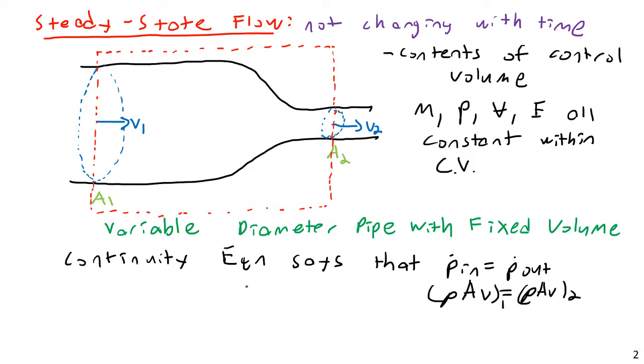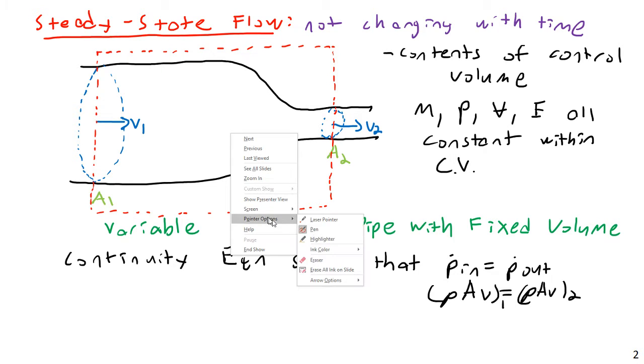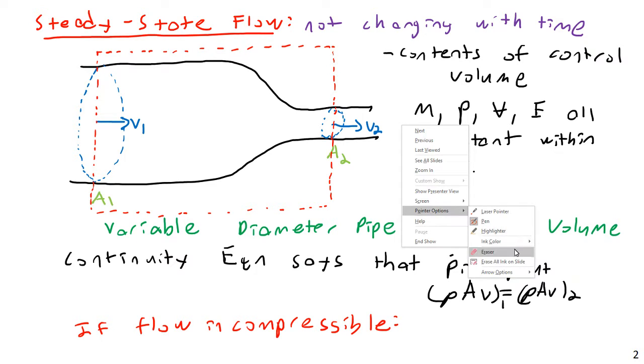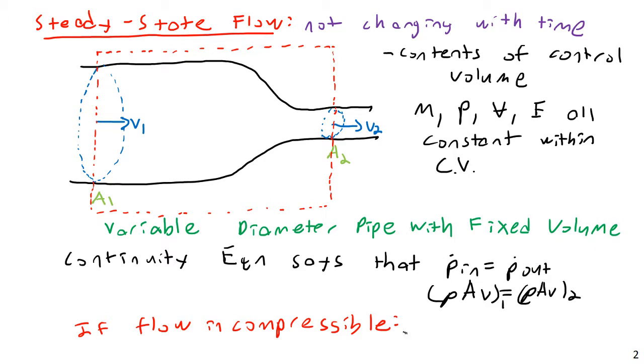And then, of course, if the flow is incompressible, then rho 1 equals rho 2, and this leads us to the equation that we've seen previously, where A1V1 equals A2V2. Very simple.